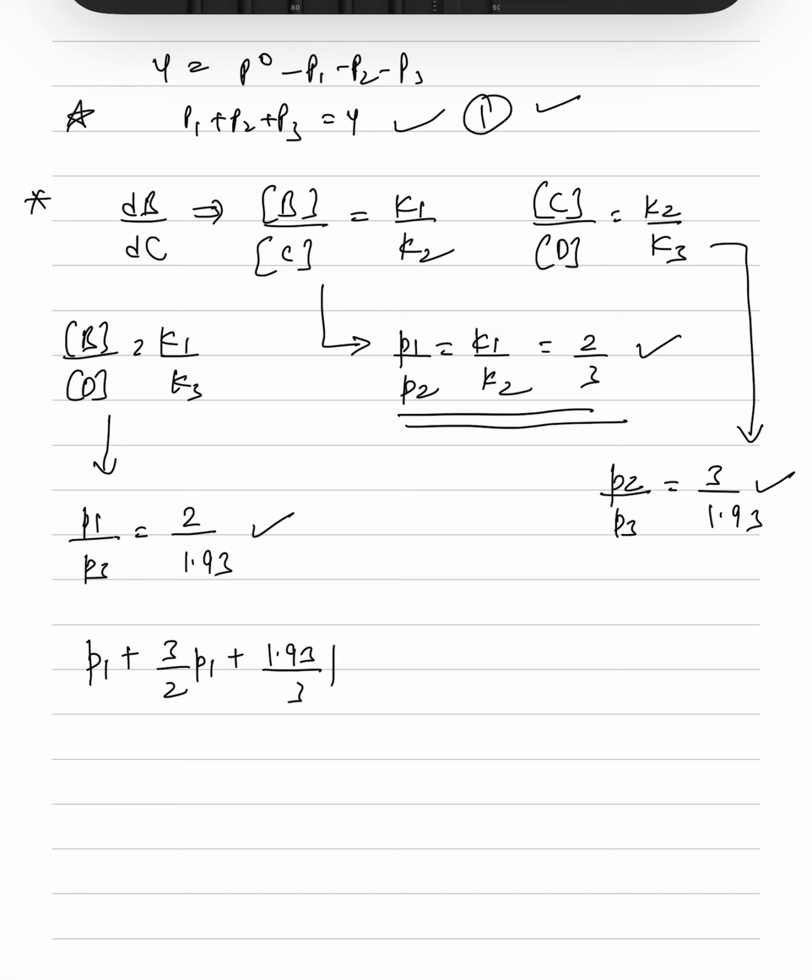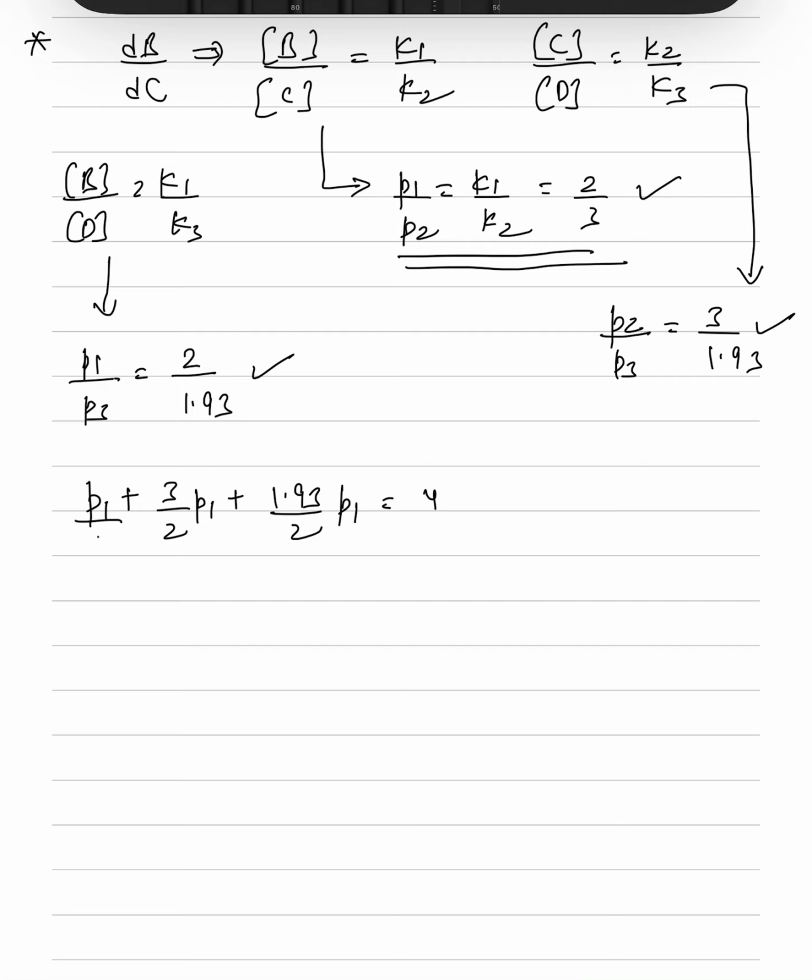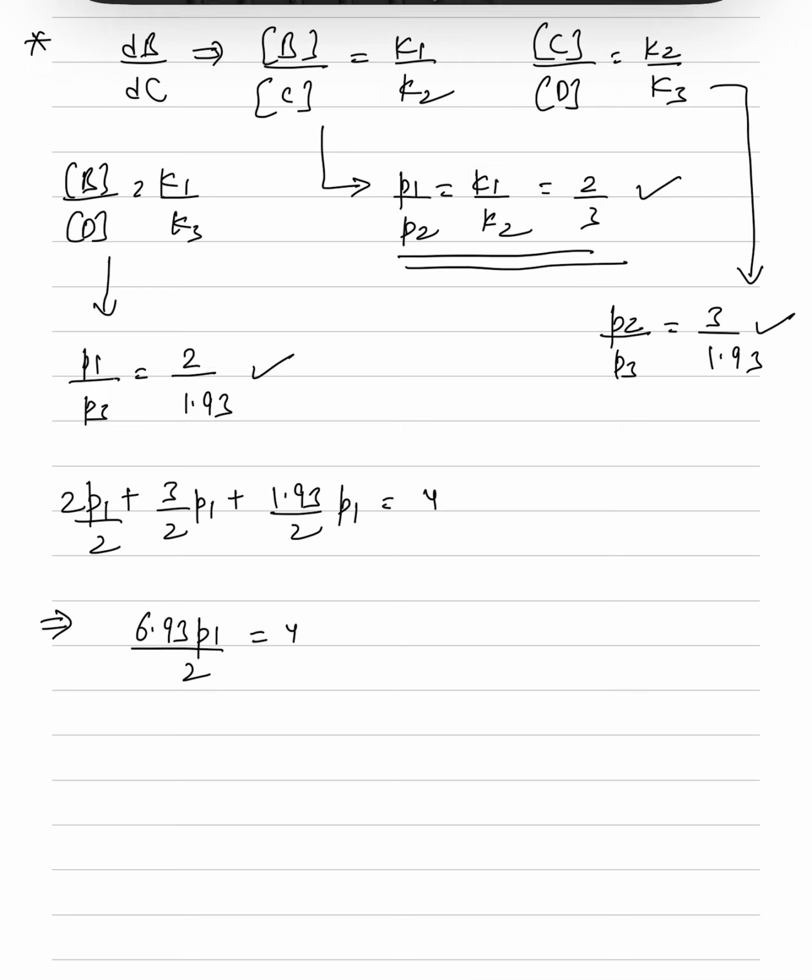P3 in terms of P1 only is 1.93 upon 2 P1. This is equal to 4, correct? If I multiply by 2 and net it, it is 6.93 P1 upon 2 equals 4. Hence P1 is how much? P1 is 8 upon 6.93.